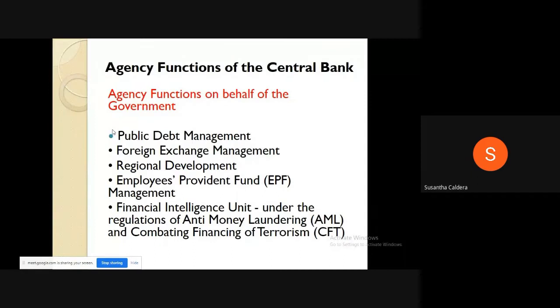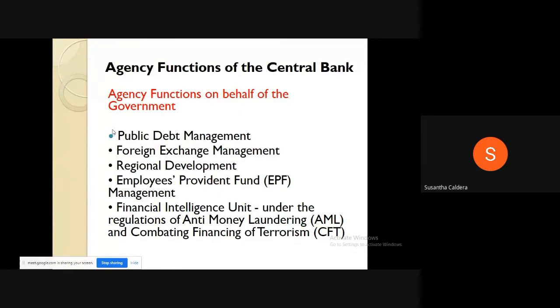Agency functions of the central bank. Now, agency functions on behalf of the government. They act as agents for certain areas. They control the public debt department.